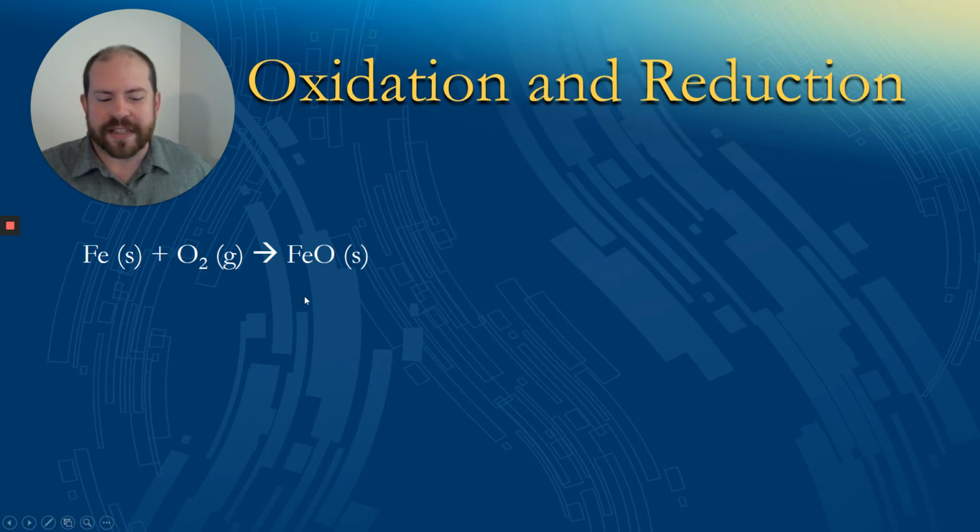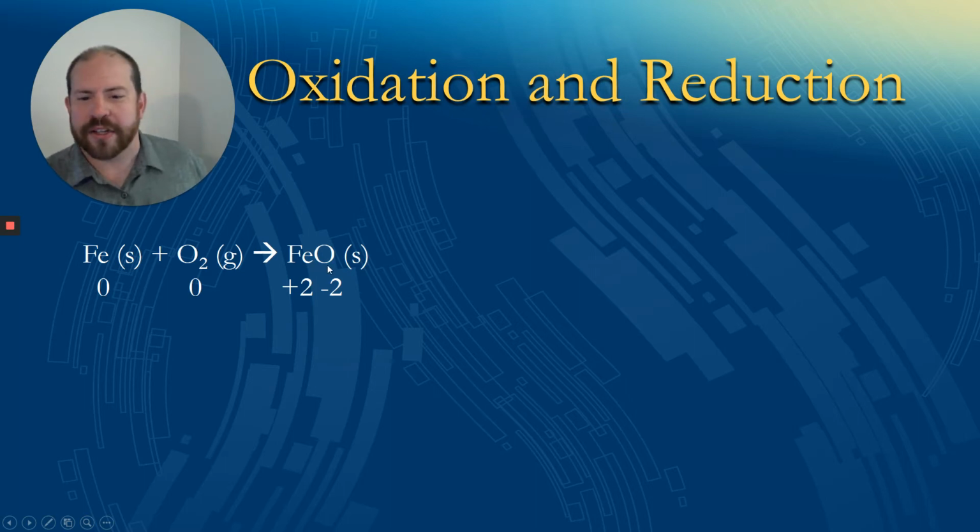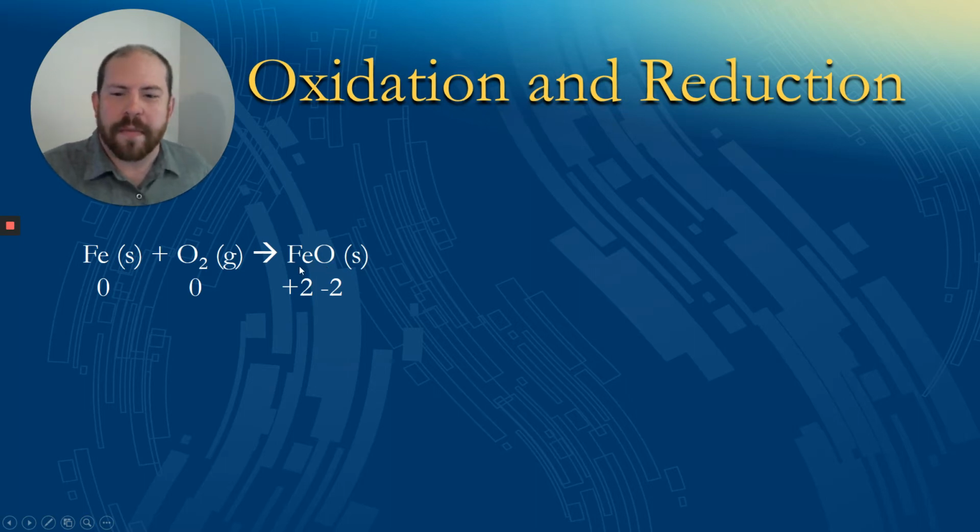So here's an example, the rusting of iron in oxygen. We can analyze what's going on here using oxidation states. Both iron and oxygen start out as pure elements, oxidation states of 0. They end as this ionic compound, oxygen with its usual -2, making iron +2, which is not unexpected for a transition metal. Iron has gone from 0 to +2.